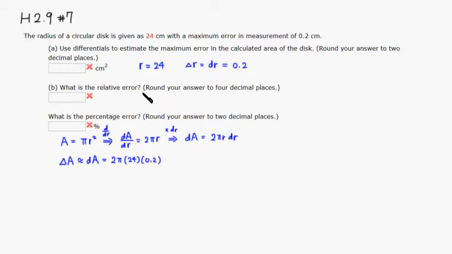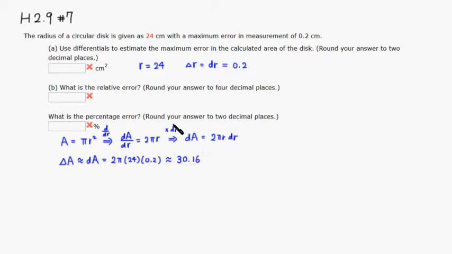We want to round the answer to 2 decimal places, so I'm going to compute that using a calculator. It came out to be 30.16.